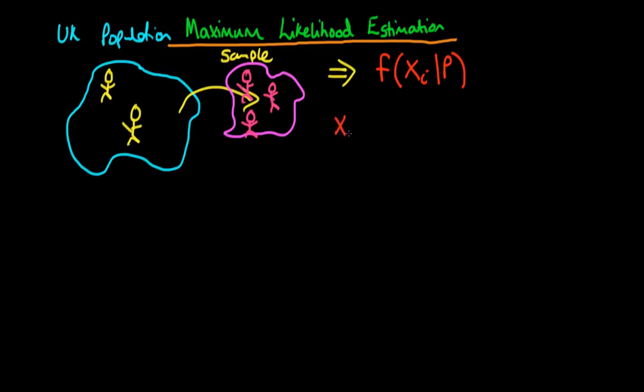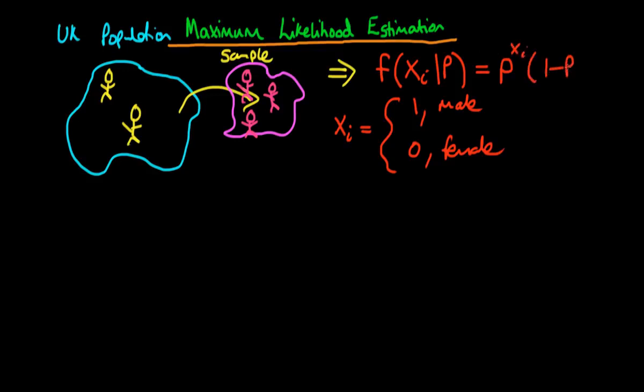So xi here is a dummy variable which is going to take on the value of 1 if an individual is male, and 0 if the individual is female. And f here is going to be given by p, where p is the probability that an individual is male, to the power xi times 1 minus p to the 1 minus xi.